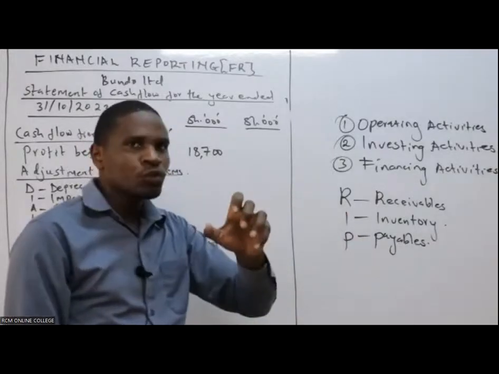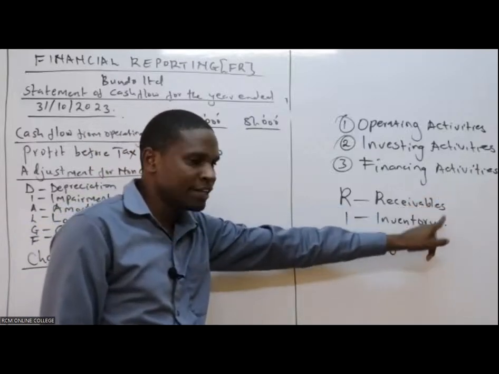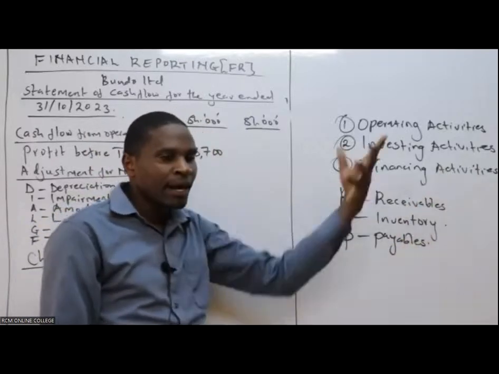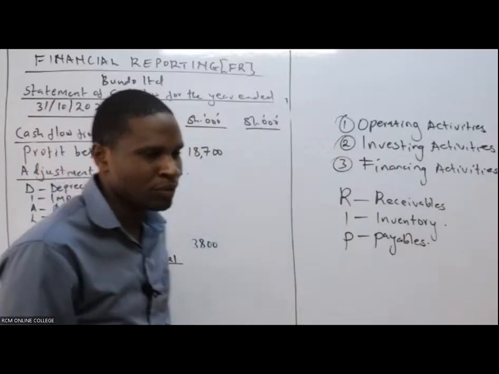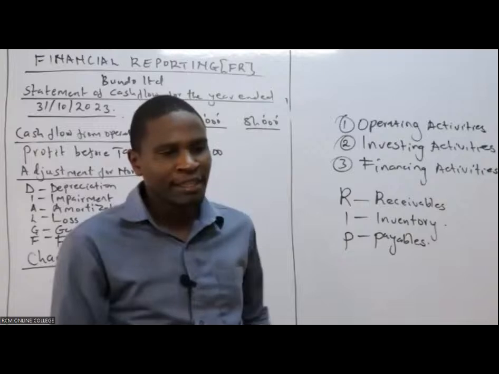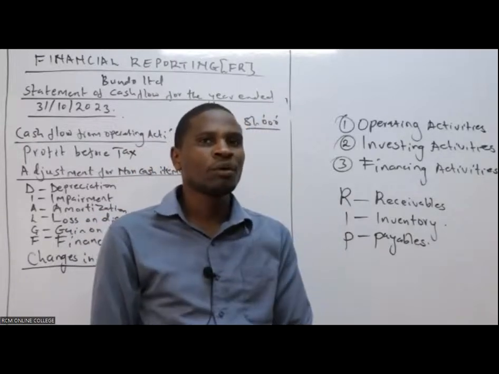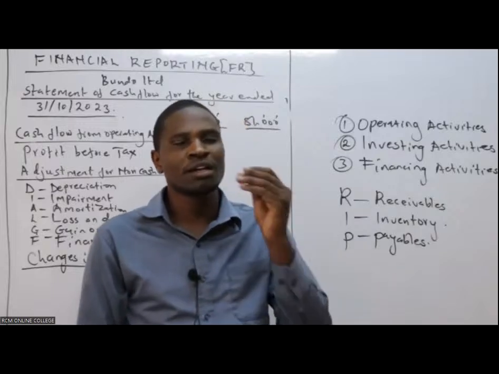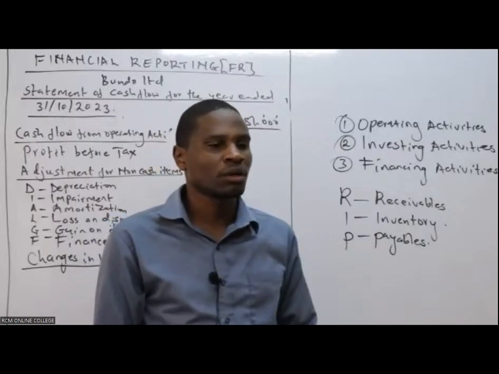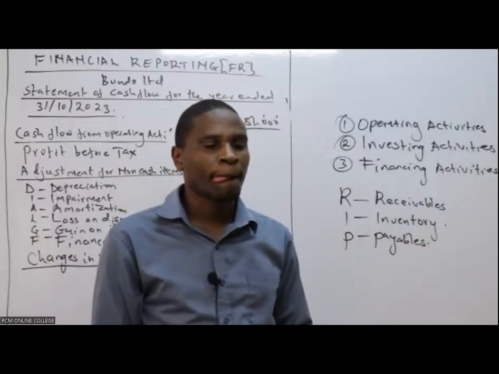Now, somebody to remind me what we said when it comes to receivables and inventory. These are assets. How do we do it under changes in working capital for the assets? I gave you a direct formula where you don't have to think whether there was an increase or a decrease. That era is far gone.